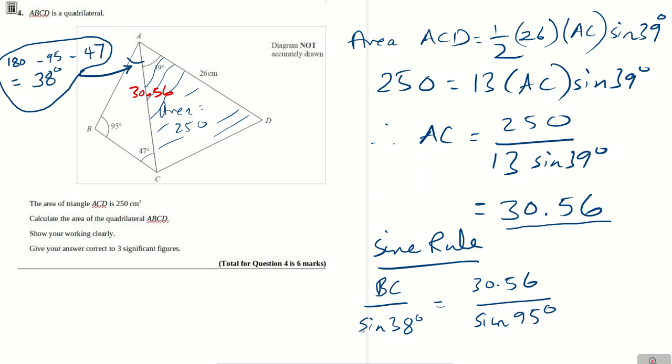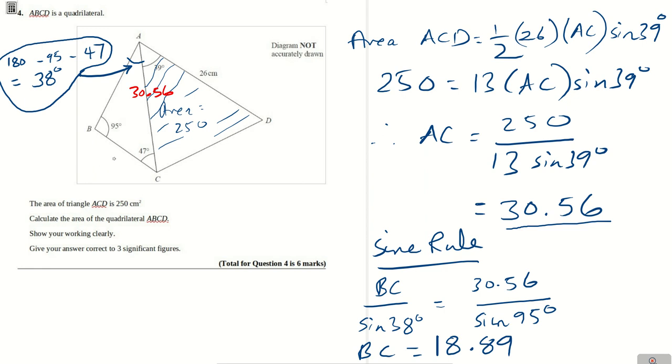Okay, so we can now quite easily work out what BC is. It'll just be sine 38 times 30.56 divided by sine of 95, and if you do that, you should get something like 18.89.